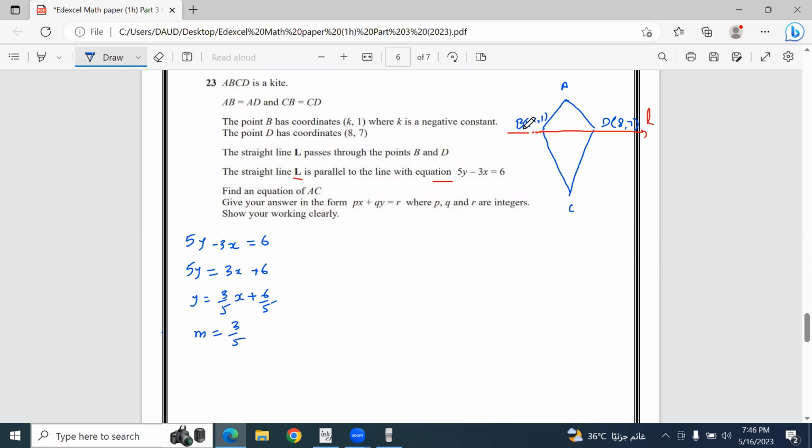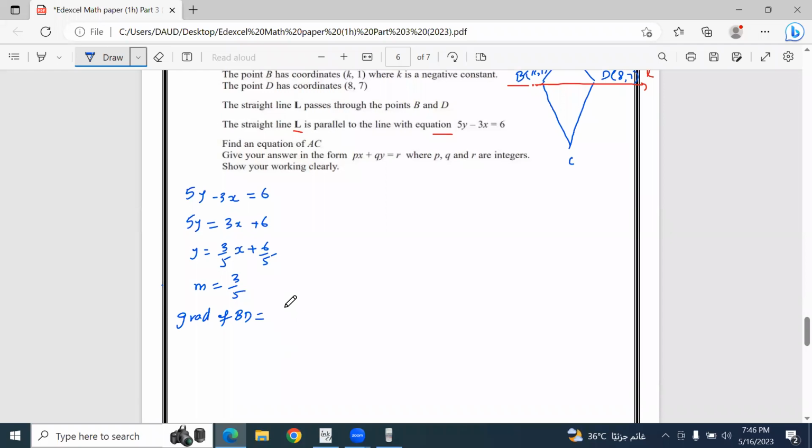But we have the given coordinates of B and D, so for the gradient of BD, I will apply the formula y2 minus y1 over x2 minus x1. The coordinates of D and B give 7 minus 1 over 8 minus k, that is x2 minus x1, 8 minus k.